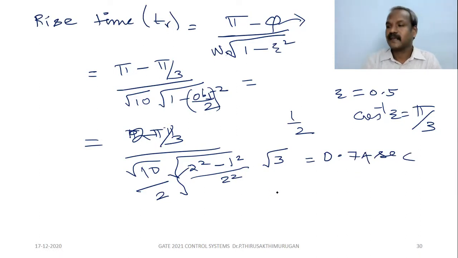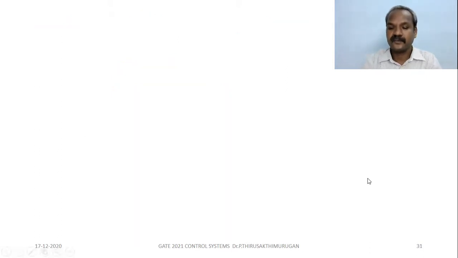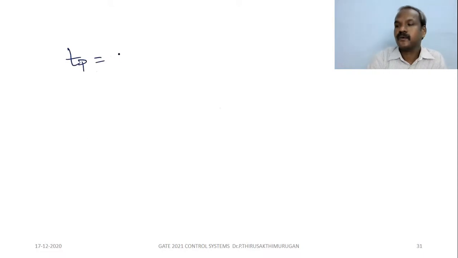So next is peak time. Peak time equal to pi by omega d. If you substitute these values here, the peak time equals 1.1 seconds.